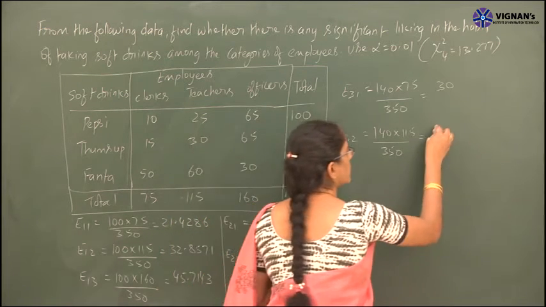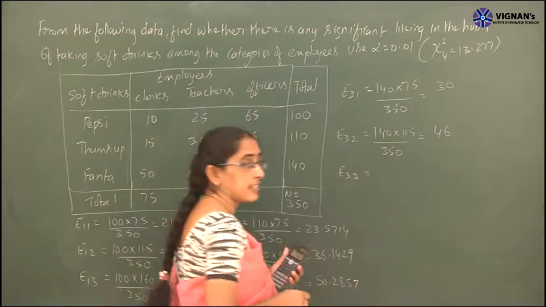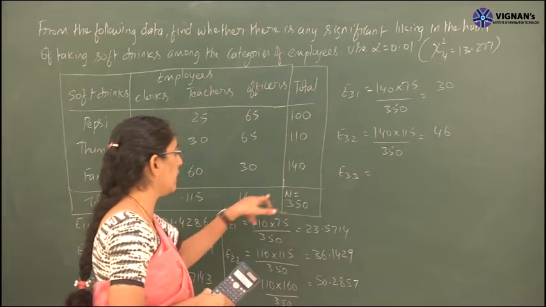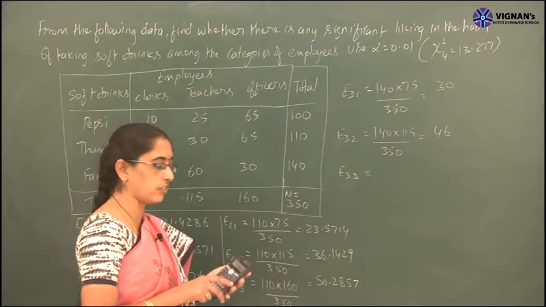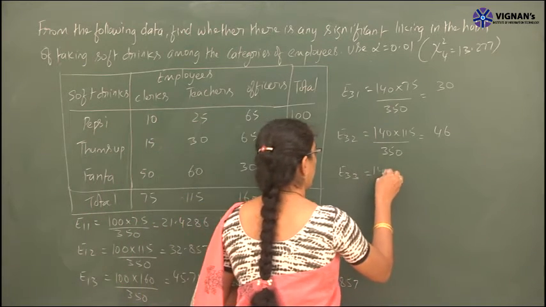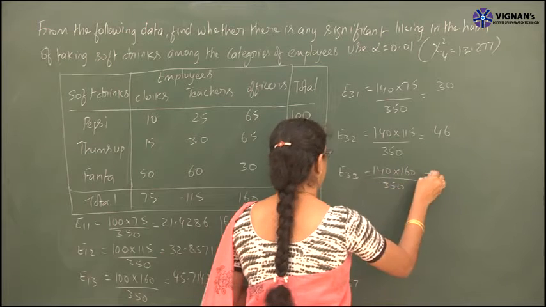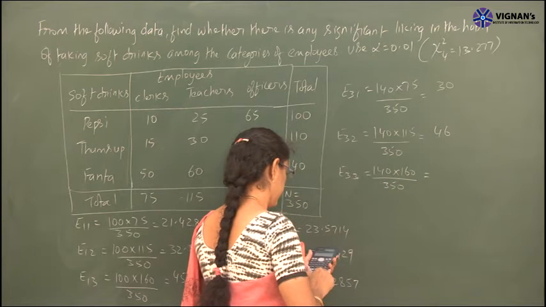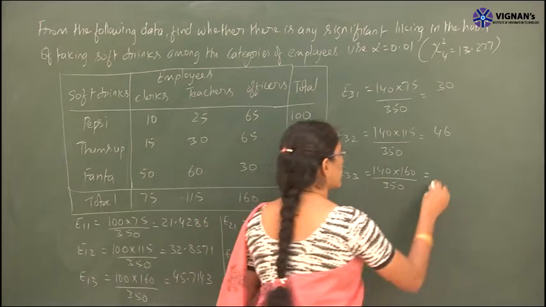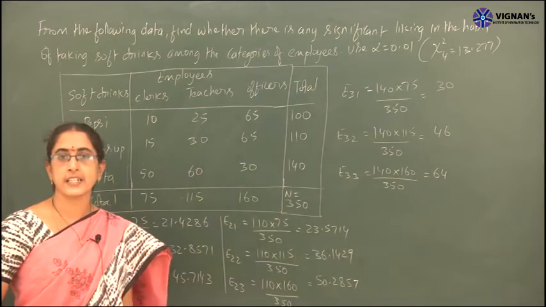So this is equal to 46. Next, E33 is equal to here 140 into 160 by 350 is equal to 64. Now we have obtained all the expected frequencies.